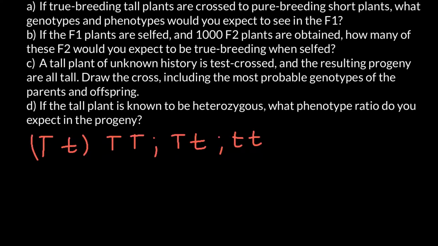Out of these three, the homozygous ones we call true breeding, because if we cross plants with themselves, the same genotype with the same genotype, all the progeny would be of the same genotype and phenotype. The same is true for the other homozygous genotype.